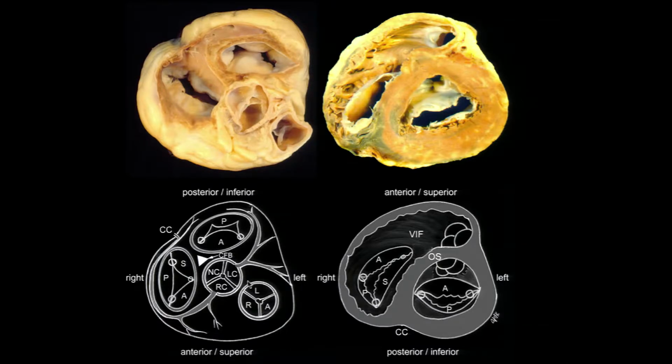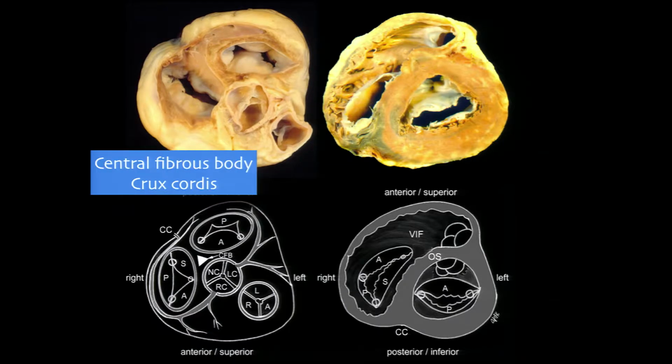One of the very important issues is that the aortic valve is deeply wedged in the space between the tricuspid and mitral valve. And then here, I want to emphasize two structures. One is the central fibrous body, which is a fibrous skeleton holding the mitral, tricuspid valve, and aortic valve in place.